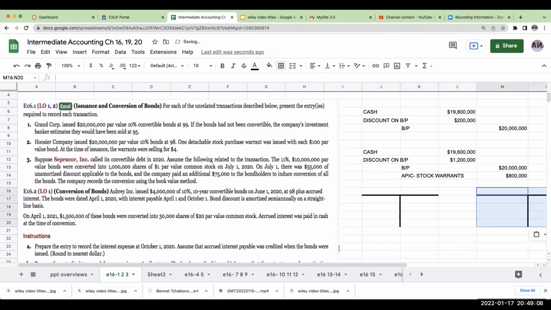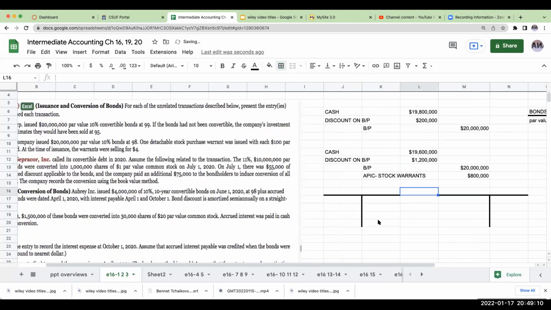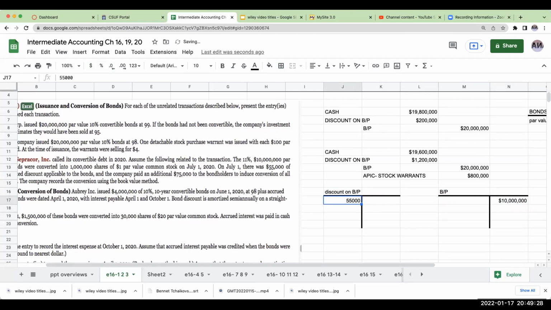Okay, so when we have a cash payment for conversion, this is kind of the way I like to go through and handle this. So what I would go through and do is let's look at where we are. So we've got a discount on bonds payable. We have bonds payable. So my bonds payable is at 10 million. I had a discount of 55,000.